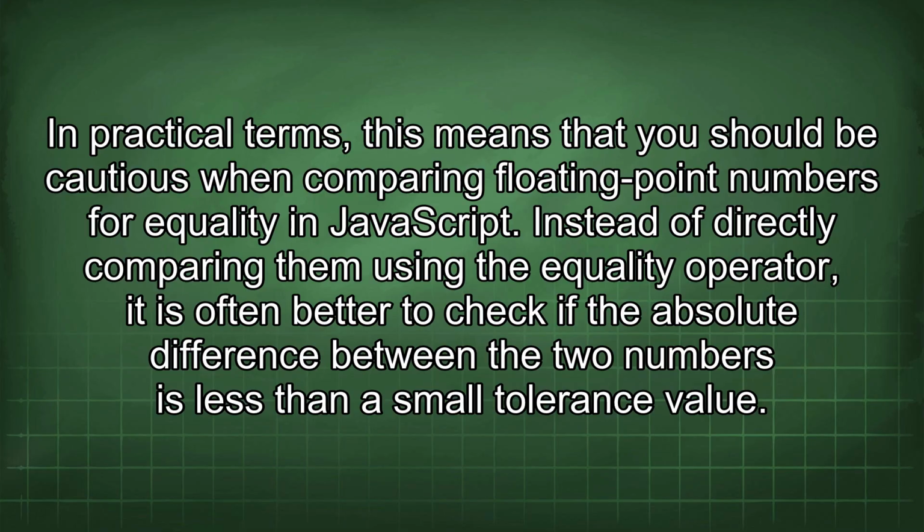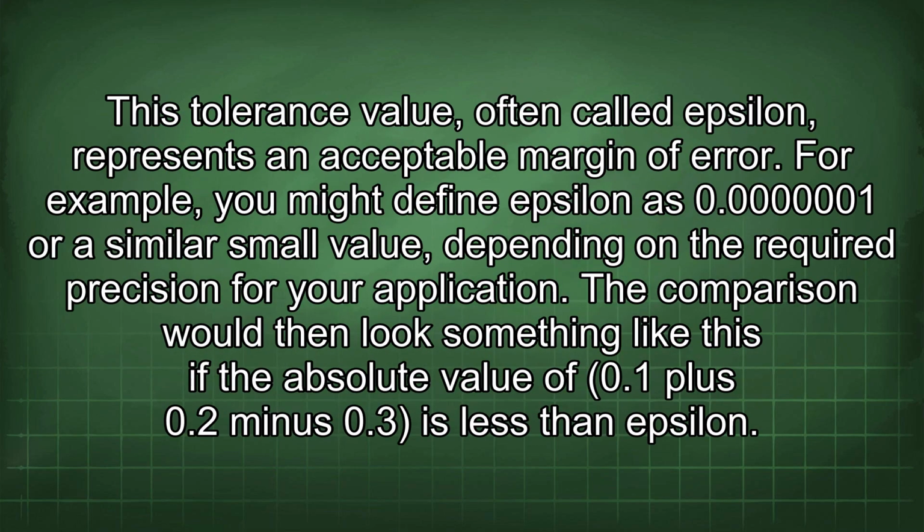Instead of directly comparing them using the equality operator, it is often better to check if the absolute difference between the two numbers is less than a small tolerance value. This tolerance value, often called epsilon, represents an acceptable margin of error. For example, you might define epsilon as a very small value, depending on the required precision for your application.